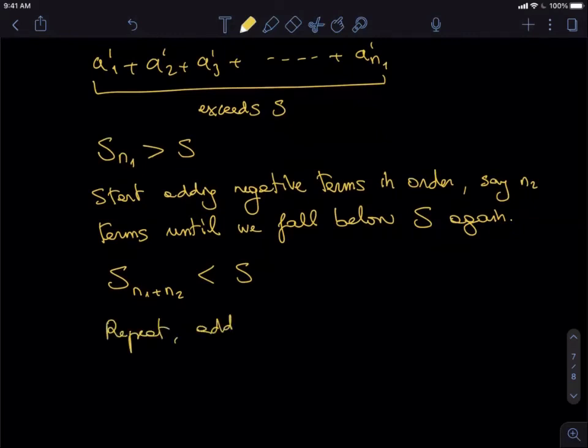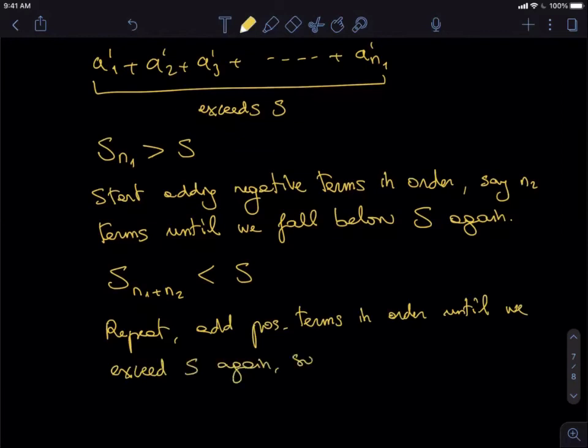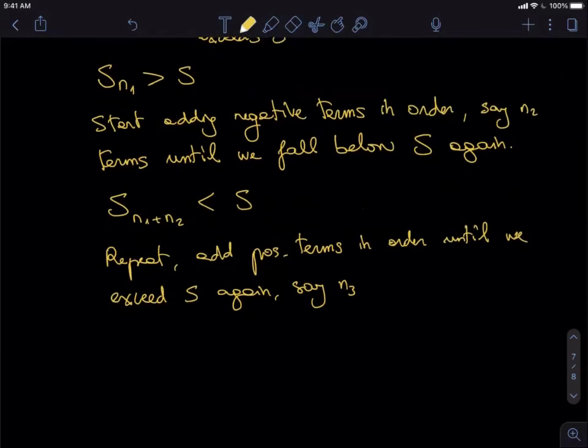We need to add positive terms in order until we exceed S again, say n3 terms. So we have S n1 plus n2 plus n3 bigger than S, and so on.